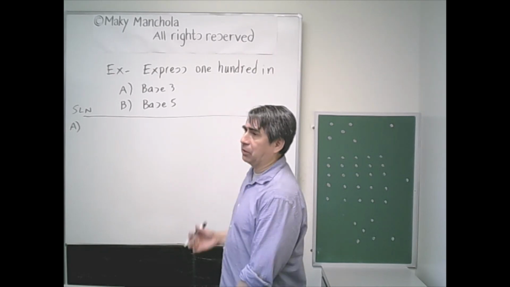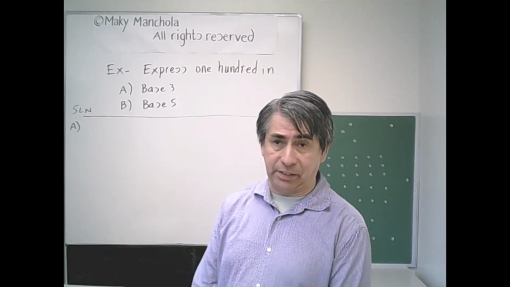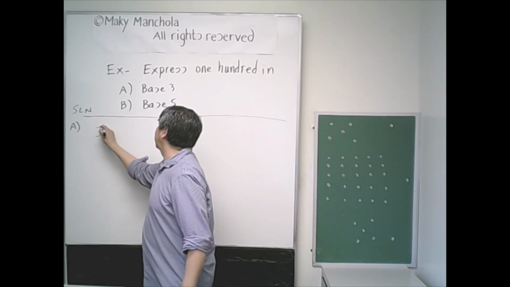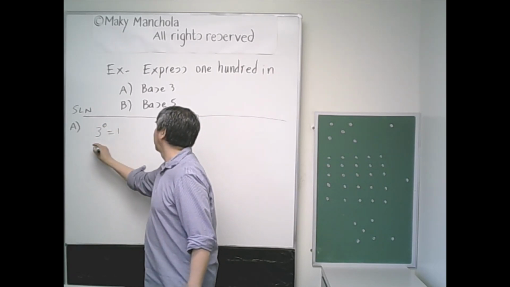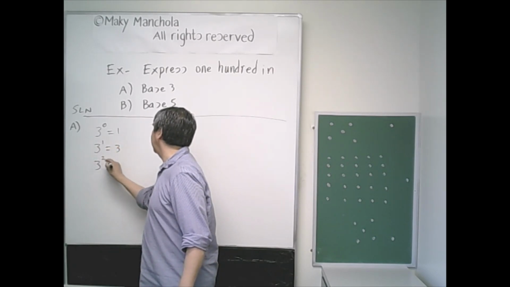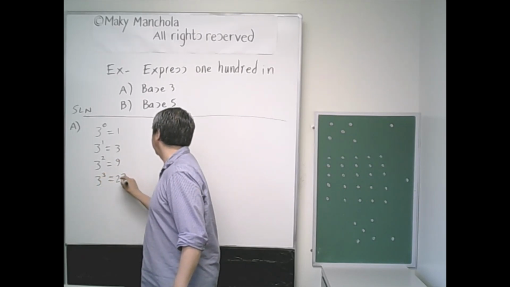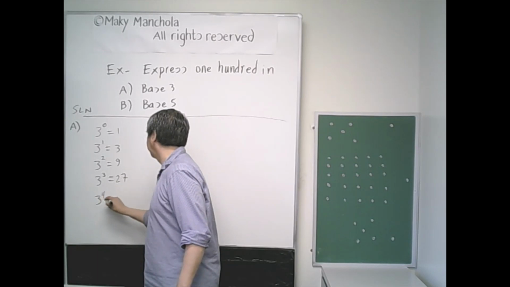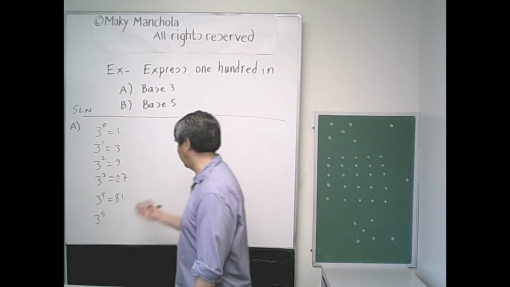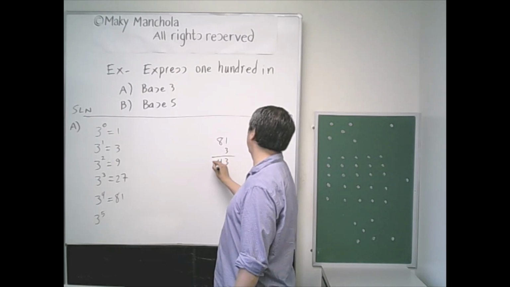Okay, so first thing to do is let's figure out how many powers of 3 we are going to need. So let's list some powers of 3. So 3 to the 0 is 1, 3 to the 1 is 3, 3 to the second is 9, 3 to the third is 27, 3 to the fourth is 81, 3 to the 5 is going to be 81 times 3, which is 243.